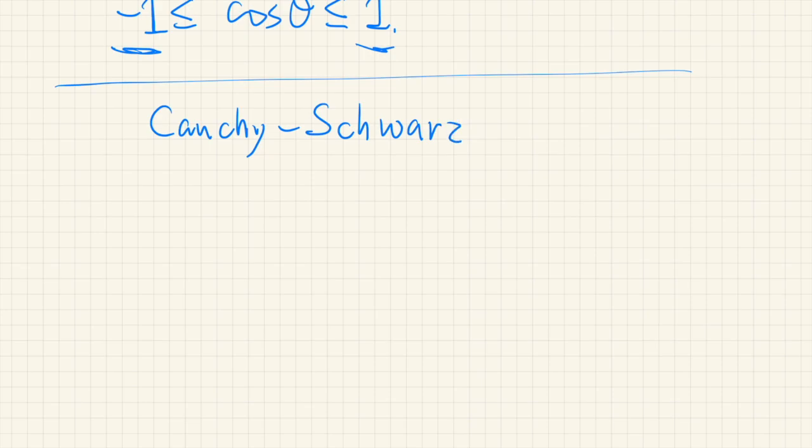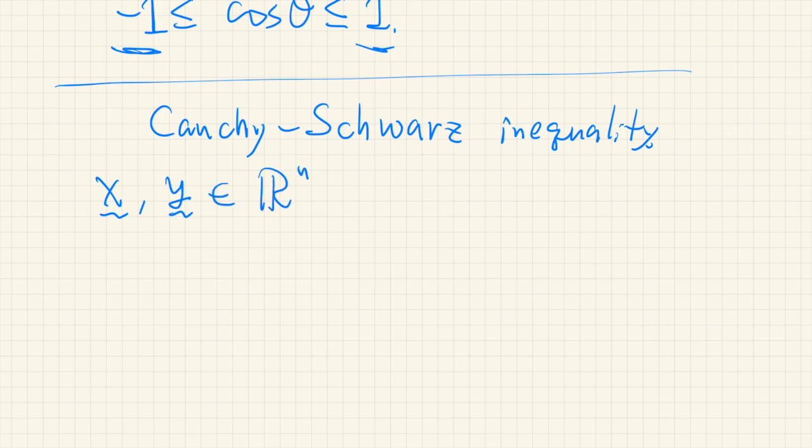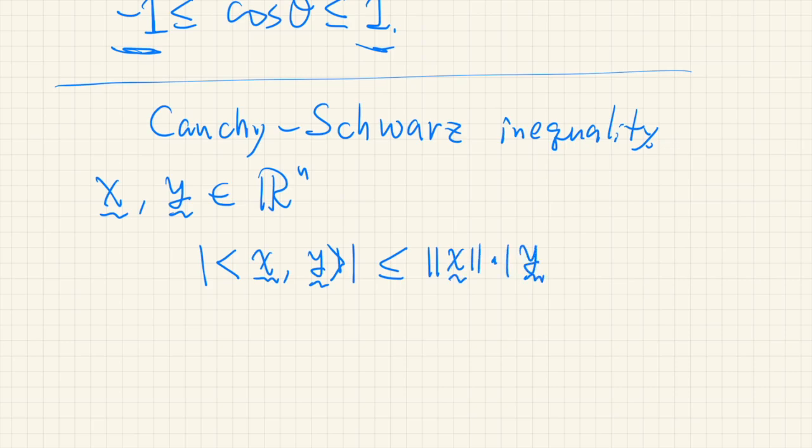Cauchy-Schwarz inequality. Okay, so for any vectors in any dimensions, so n-dimensional vectors, we have the absolute value of the scalar product between x and y is less than or equal to the product of their norms.